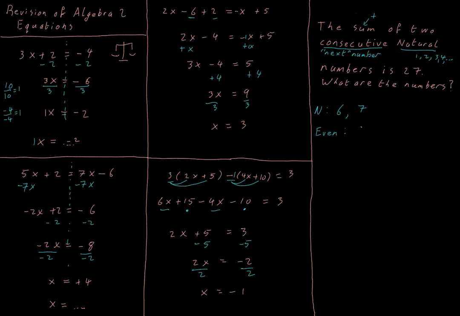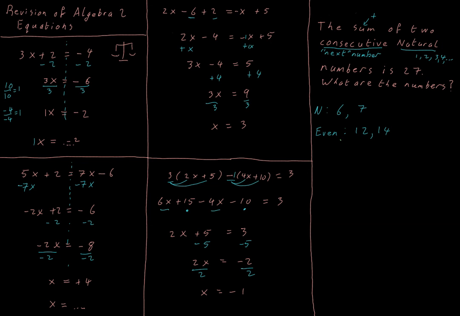So if I started off with the even number 12, what would be the next consecutive even number? Next consecutive even number would be 14. So consecutive just means the next number in a particular context.